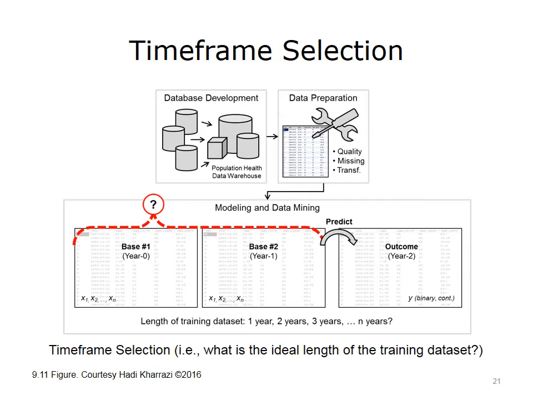The top half of the diagram refers to the starting point of the population health modeling process. The bottom half of the diagram shows the modeling and data mining phase of this process. As depicted by the circle with the question mark, the length of the base dataset, which in this case is the training dataset, can affect the predictive power of the population health model.